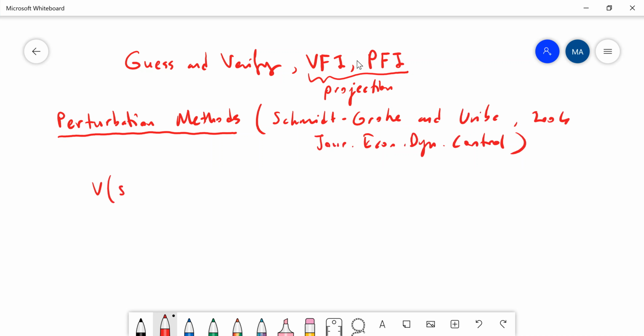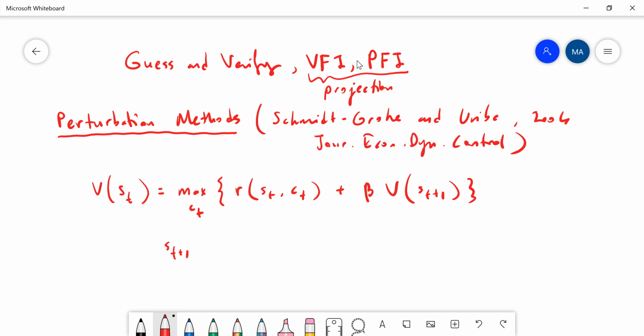suppose that we have this problem, right? So there's this state, then there is a reward function that also depends on state and control, right? So we have state t plus 1, okay? So basically we are choosing the control variable, and then we have the transition equation, okay?